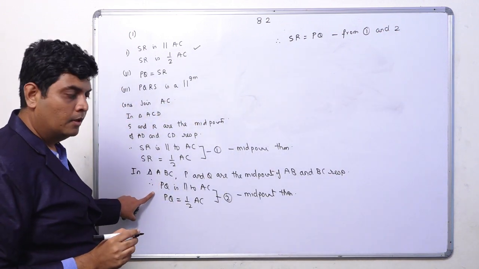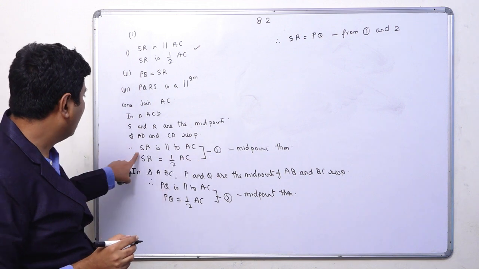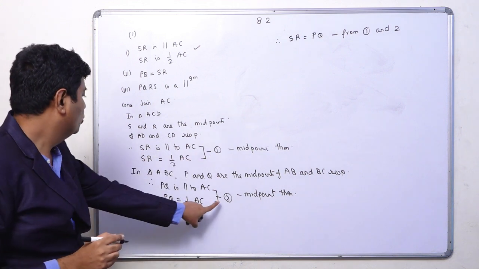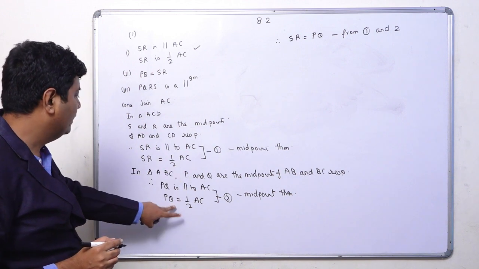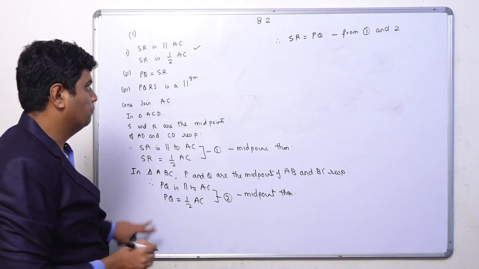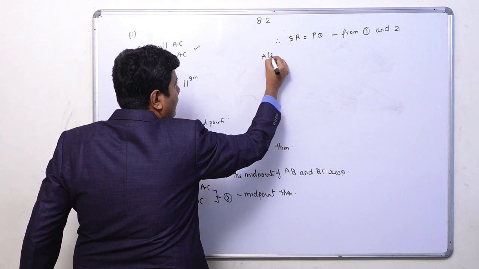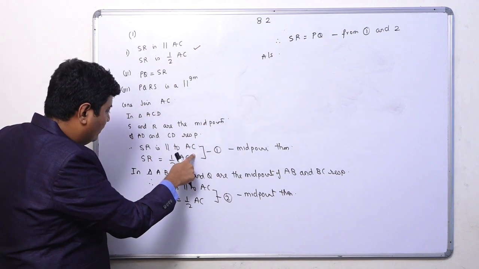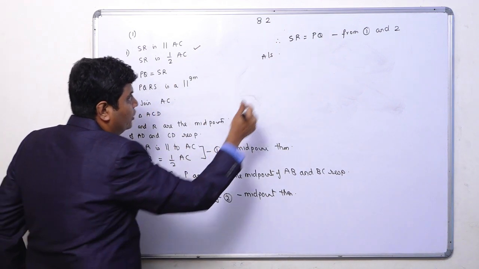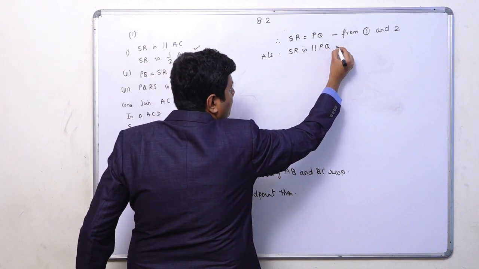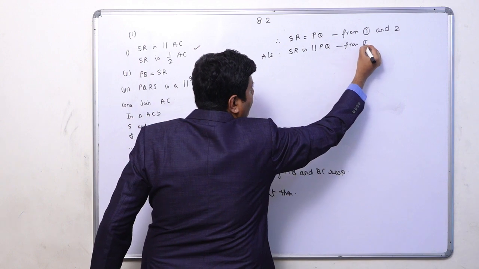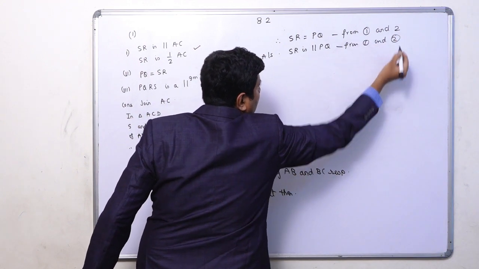See, 1 says SR is half of AC, 2 says PQ is also half of AC. So both of them are half of AC, that means both of them are equal. Also, SR is parallel to AC and PQ is parallel to AC. So can I say SR is parallel to PQ from 1 and 2?